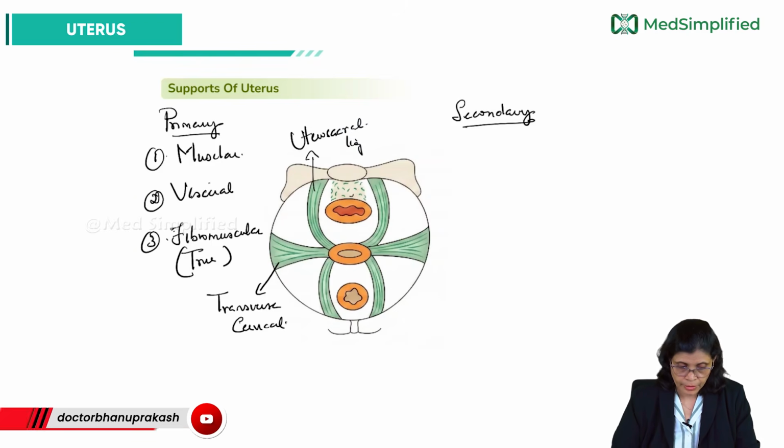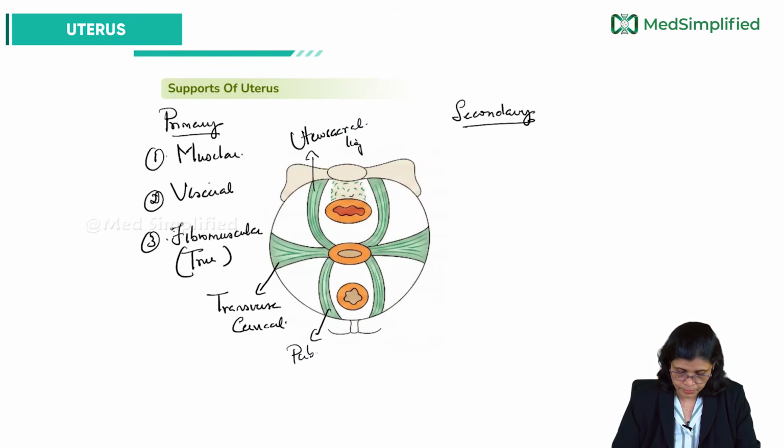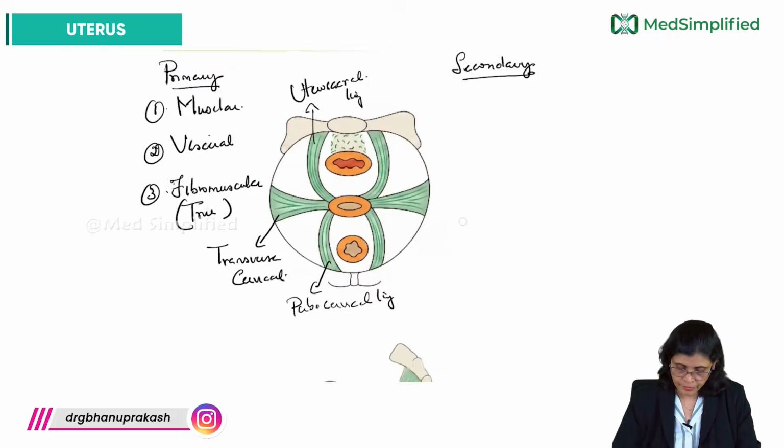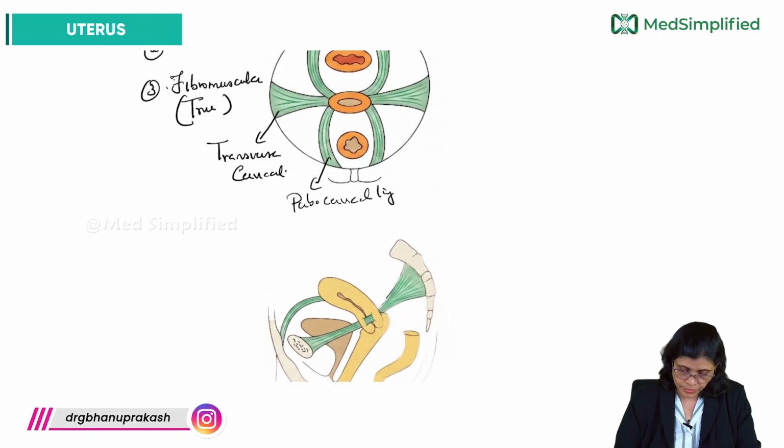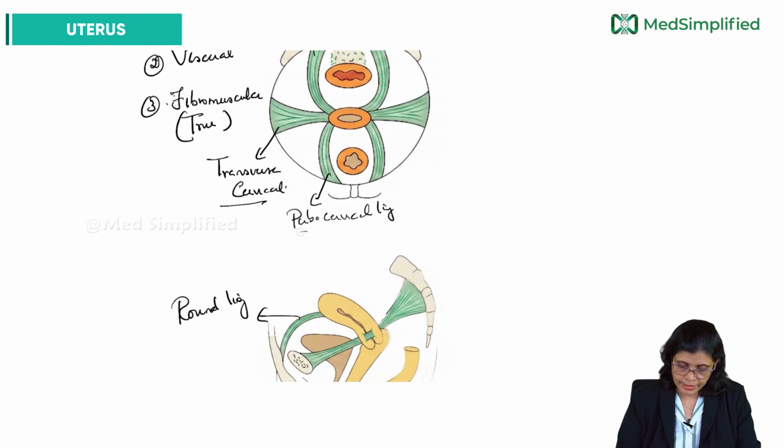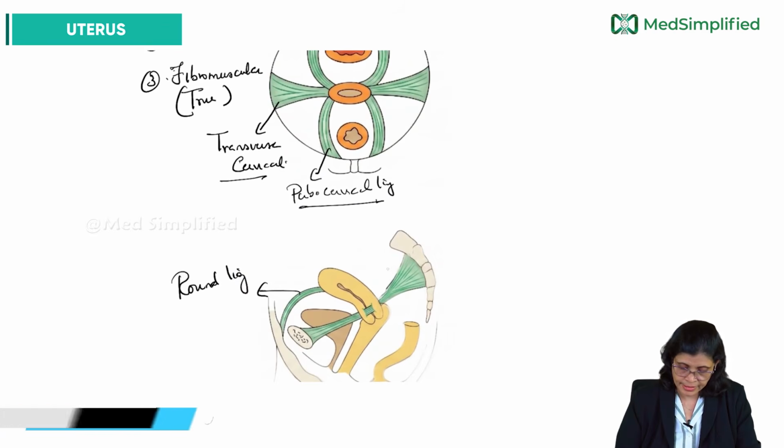Then we have pubocervical ligaments. Okay, pubocervical ligament, and we can also see the round ligament. So the transverse cervical, the pubocervical, then we can see here the uterosacral, the pubocervical here, okay, this is also in this section we can see like this.